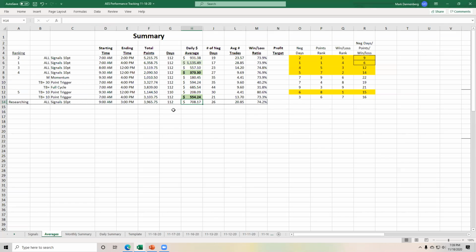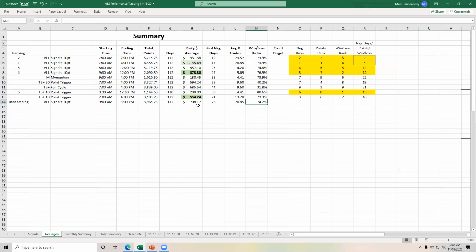It's based on a 112 trading day database. 26 losing days. You're going to have probably around 21 trades during that 6 hour period of time, and you got about a 74.2% win rate. That's a really strong number right there, 9 to 3.